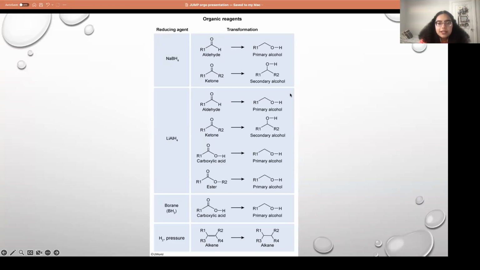Aldehydes and ketones reduced into alcohols is pretty common. You'll need something stronger if you're trying to reduce a carboxylic acid or an ester into an alcohol. And then H2 and pressure, also at the bottom there, can get rid of double bonds.